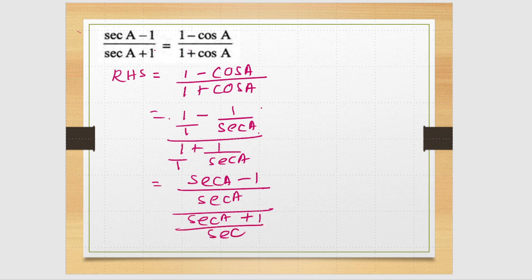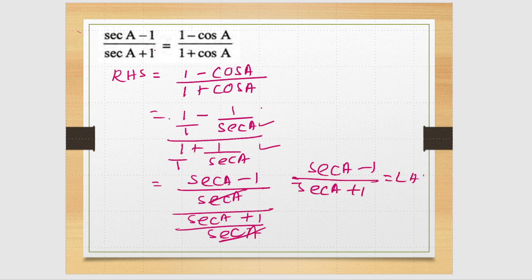How did you get it? Taking sec a as the denominator, and LCM. Here sec a is the LCM, here also sec a is the LCM. So denominators cancel. Now what remains? (Sec a minus 1) by (sec a plus 1), which is LHS, and this is proved. So I think now you confirm that taking any side you can prove the other side. This is your first question.